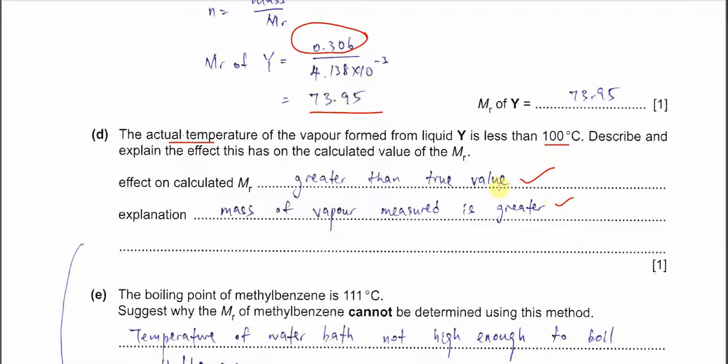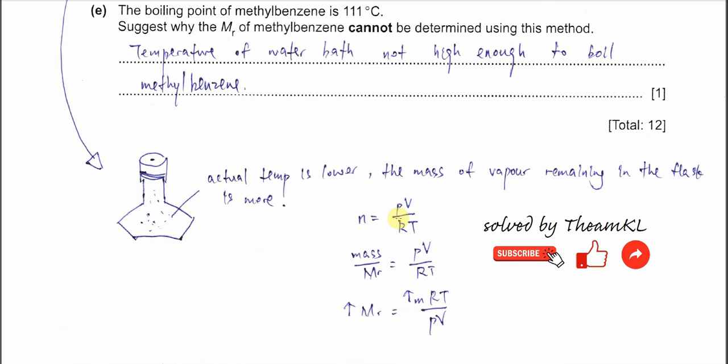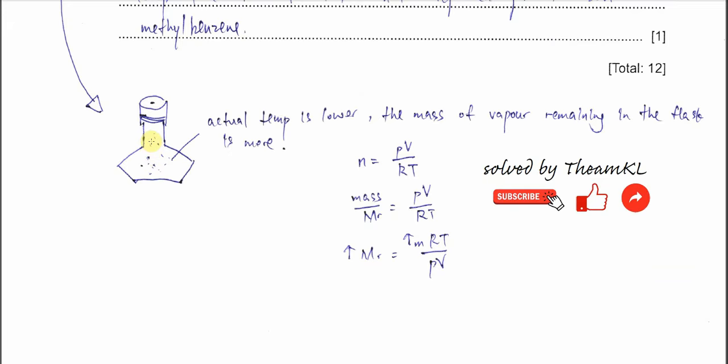So what is the meaning? The calculated molar mass is greater than the true value, meaning it's larger. The reason is the mass of the vapor measured is greater. So you need to link to this. Imagine now these Y already formed vapor, and the actual temperature now is lower.